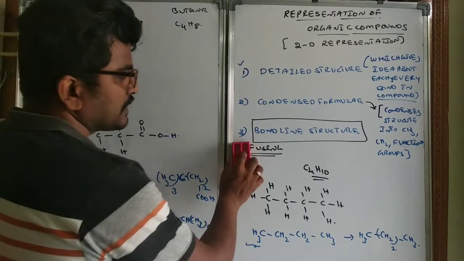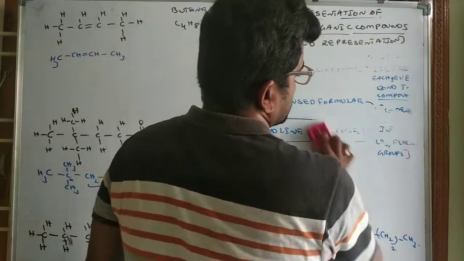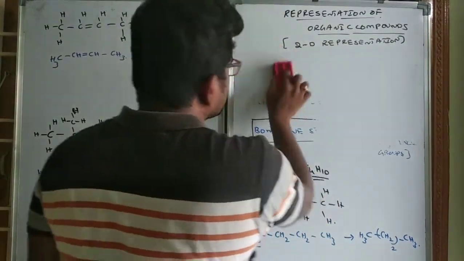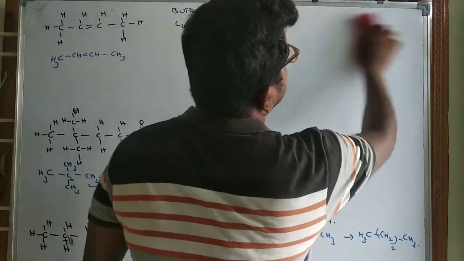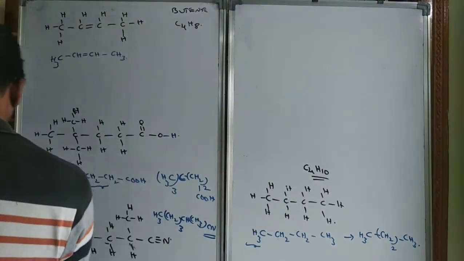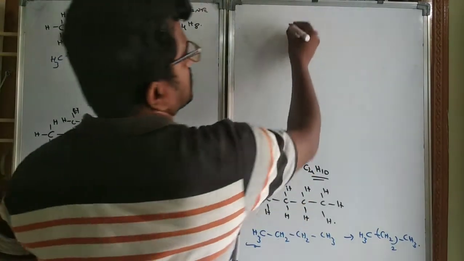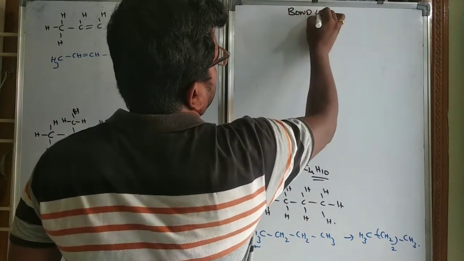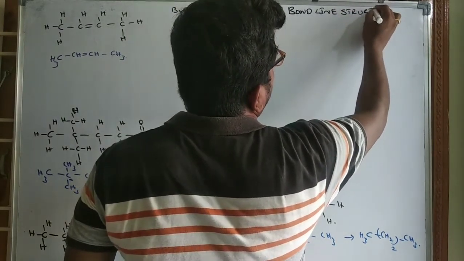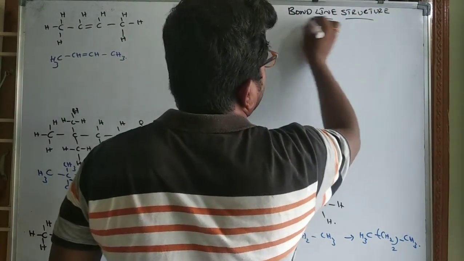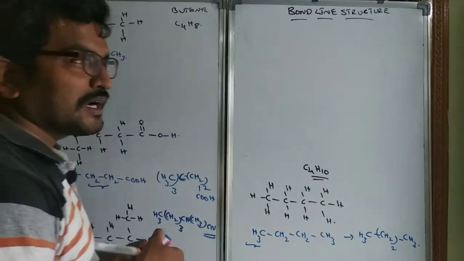See, let us see the bond line structure. How can we write this bond line structure? What is this bond line structure?